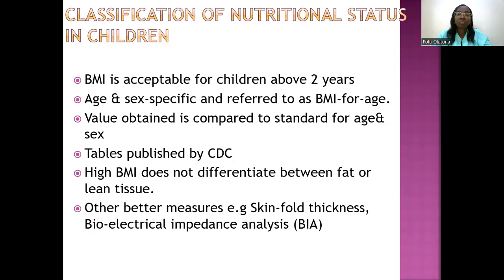These can measure the fat content of the body, and then you will know whether the BMI you are dealing with is because of fat or lean tissue.